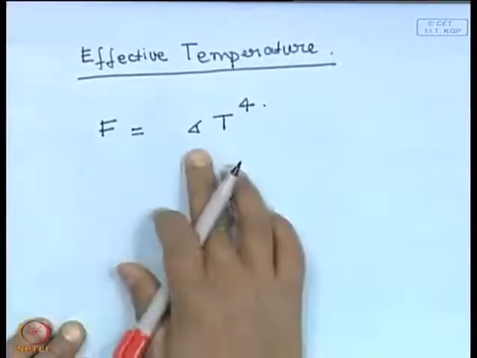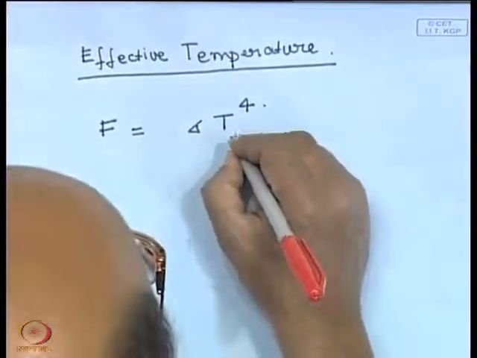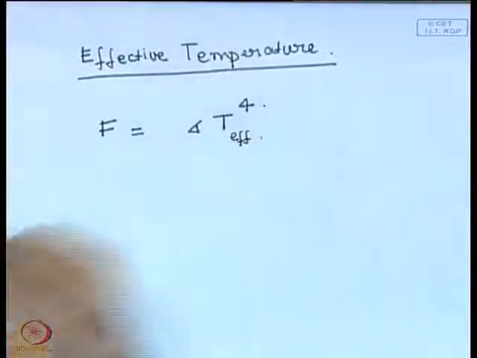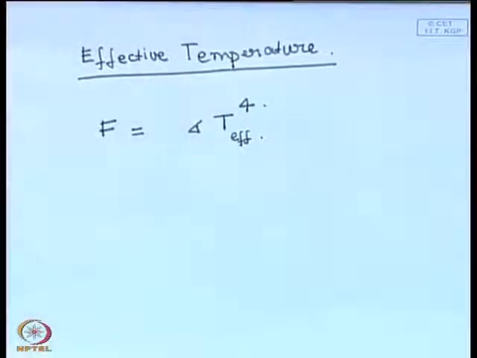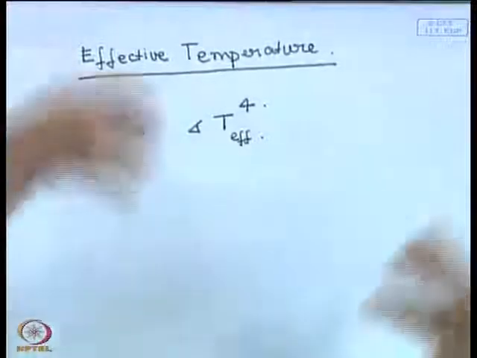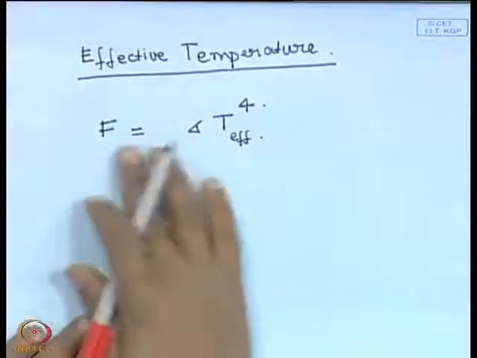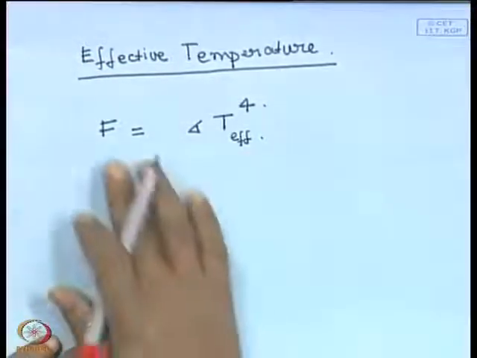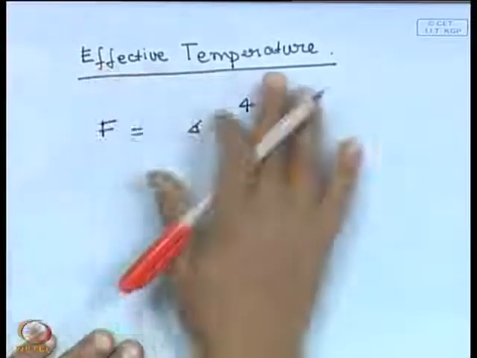then I can equate it to sigma T to the power 4, and this is what is called the effective temperature. This is perfectly correct only for a black body, but in astrophysics we would like to associate a temperature with the radiation. So, if I apply it to some other source, then the temperature that we estimate using this is going to be called the effective temperature.